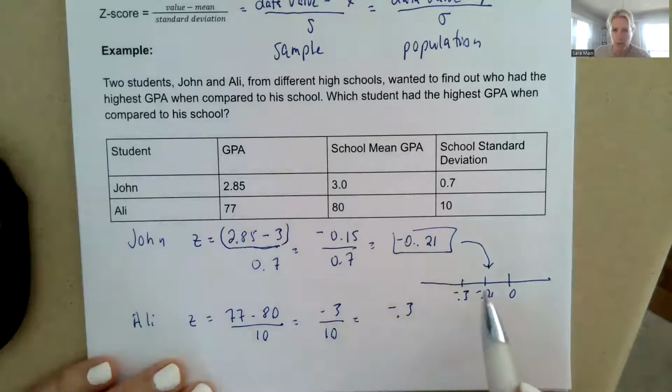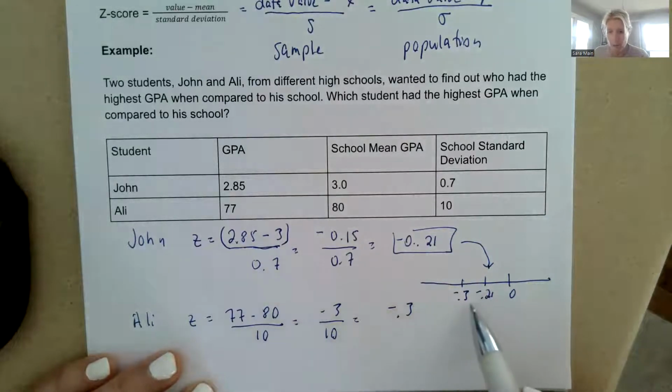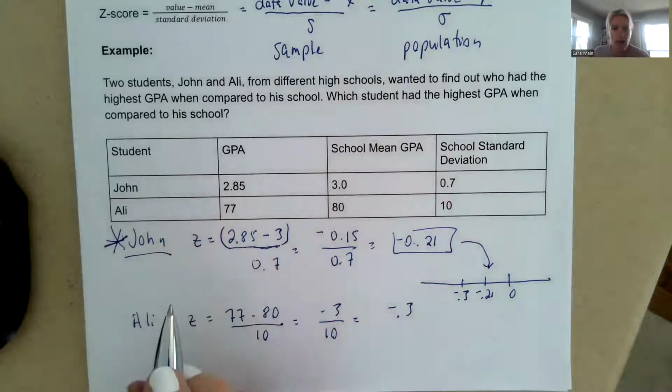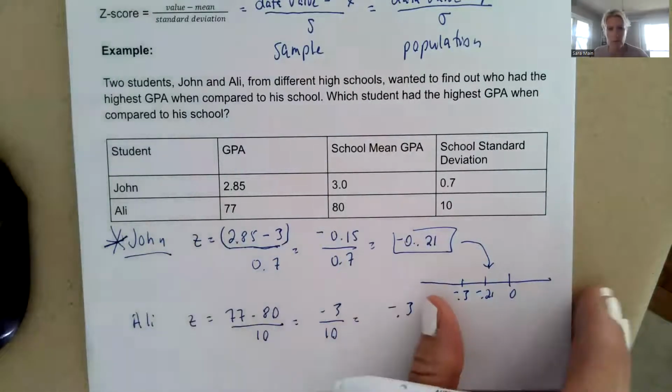So John is below the school average, but not by much. And Ali's not by much below his school average either, but John is a little bit bigger. So John is higher compared to everyone else at his school for his GPA.